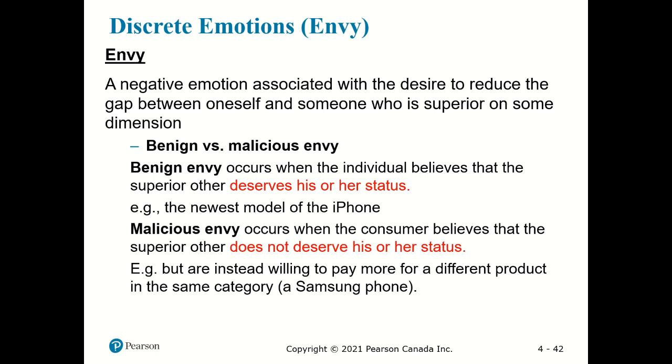So there are two kinds: benign and malicious. Benign envy occurs when the individual believes that the superior other deserves his or her state, whatever you have, right? Other people are also having it, and you feel yes, other people deserve this.